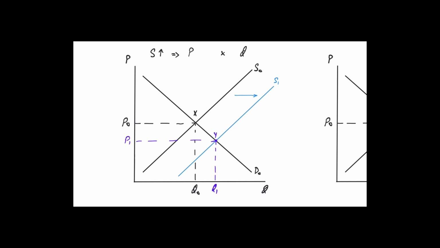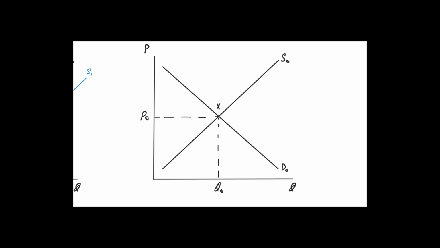So the price has gone down and quantity has increased. If I'm saying supply has increased, where do I have the movement along the curve? Because of the fall in the price, the movement along the curve is happening on the demand curve. So when the supply increases, the price goes down, and as a result, quantity demanded increases.